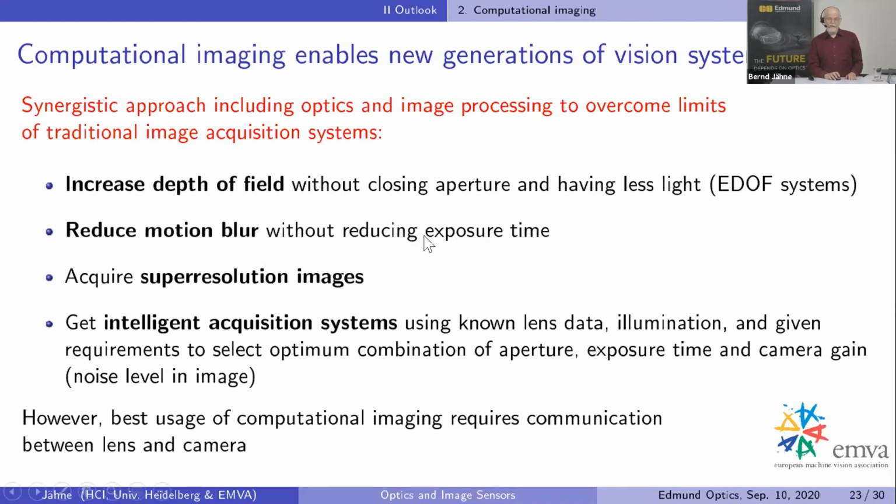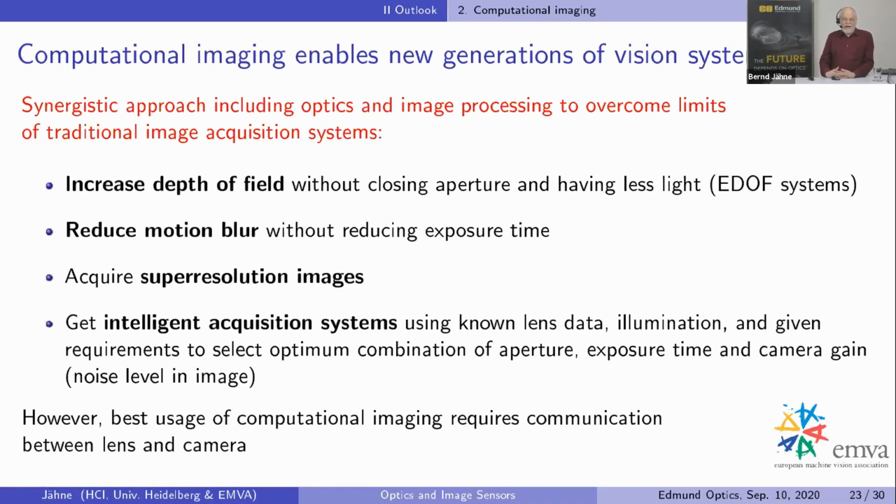In the same way, you can start thinking about, well, what determines my resolution? We have seen it's basically, of course, the image sensor. The lens could be better. And there are actually also techniques to do super resolution, several tricks with additional image processing to increase the resolution beyond the limit given by the resolution of the image sensor. And in general, you can think about getting really intelligent acquisition systems where more and more processing is taking place in the camera.